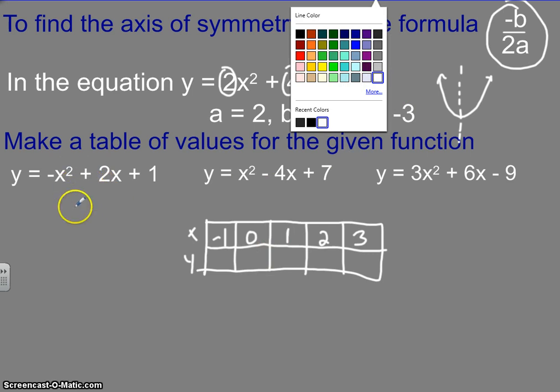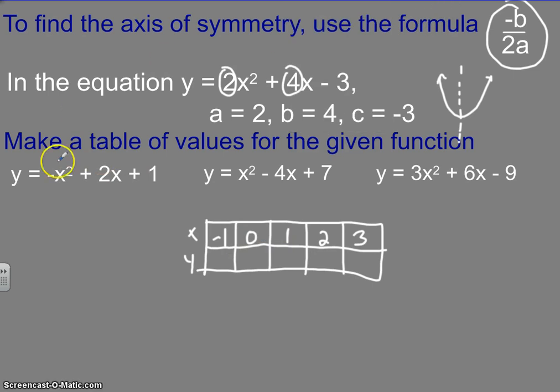Substituting 0 is always the easiest thing to do. If I substitute 0 for x, that's 0 plus 0 plus 1, so I get 1 for y. Let's substitute 1. 1 squared is 1, but it's not like I'm squaring a negative.